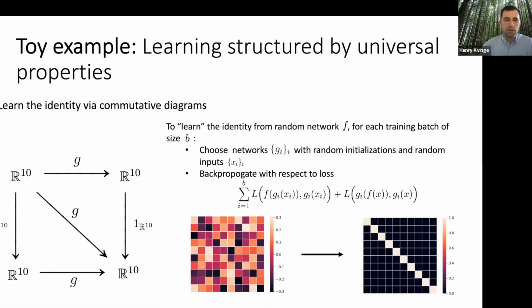This is just the usual definition for the identity morphism, and I wanted to see if I could learn the identity from that. I translated this commutative diagram into a very simple loss function. You have to, of course, make some choices here, but indeed you can learn going from this random matrix, with all the colors representing the size of the values, to the identity matrix, just from this commutative diagram. That's a stupid example, but I think it gets the point across that there are ways to connect these things that maybe haven't been done before.